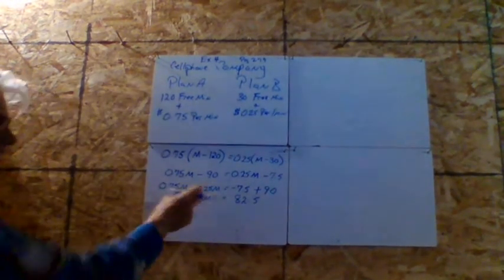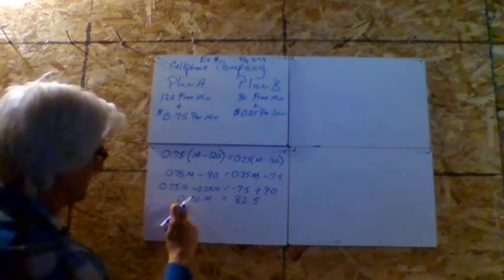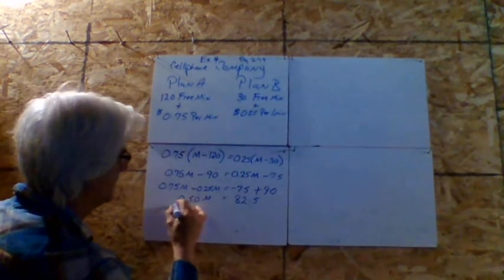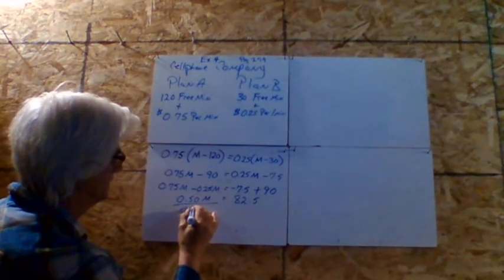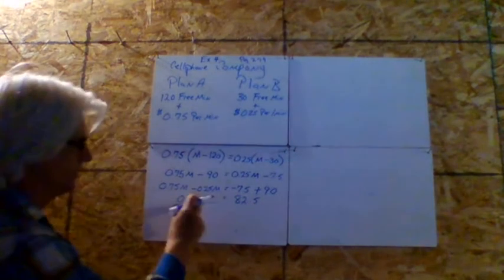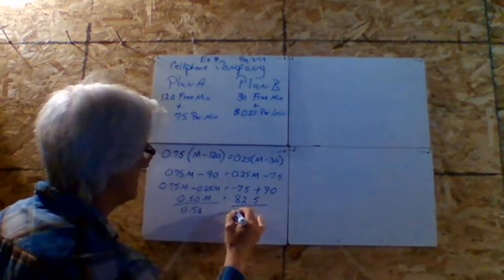Again, I'm trying to isolate and get m by itself, so I've got a multiplication by 0.5. The opposite would be a division. Whatever I do to this side, I have to do over here.